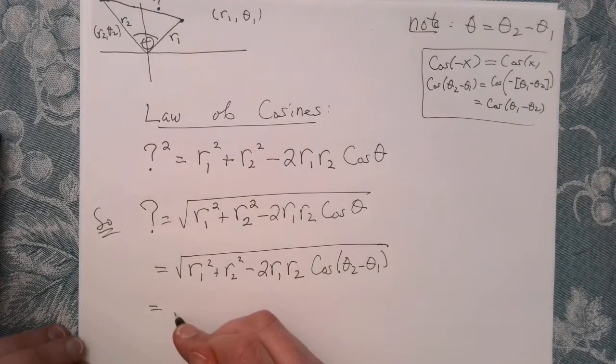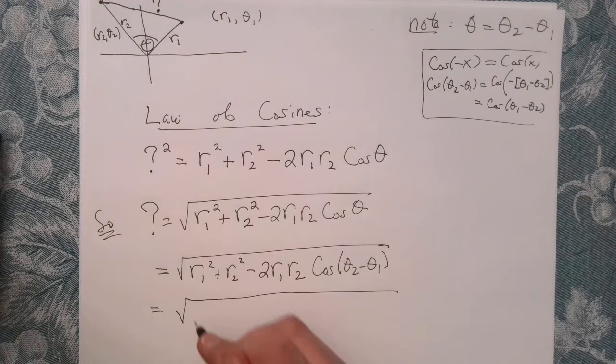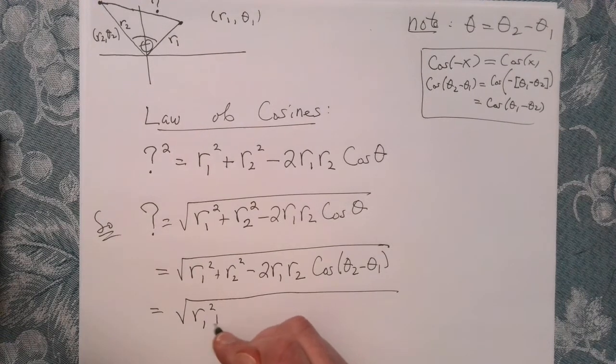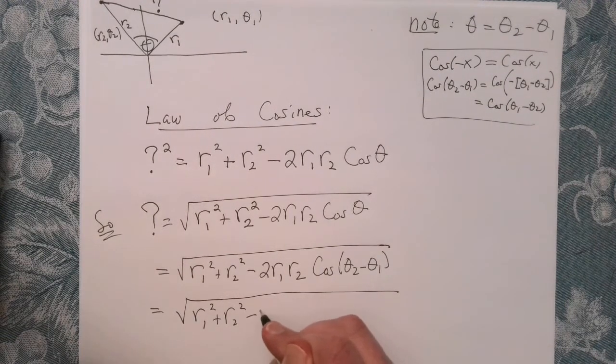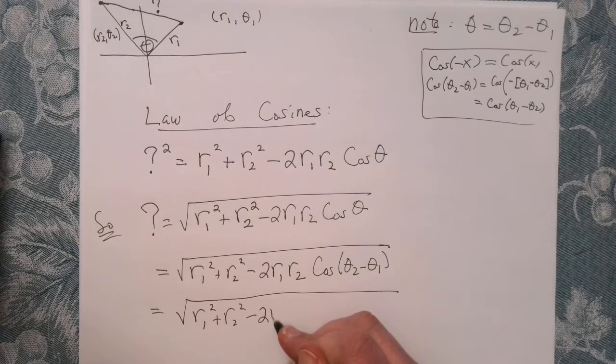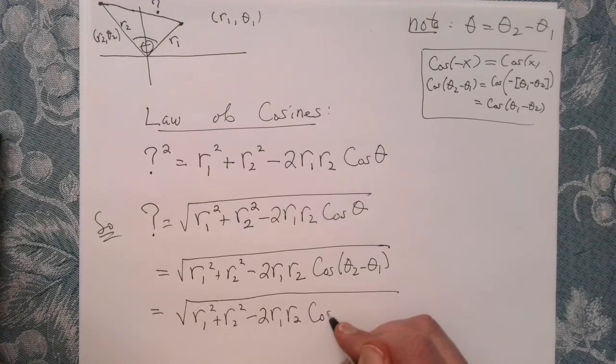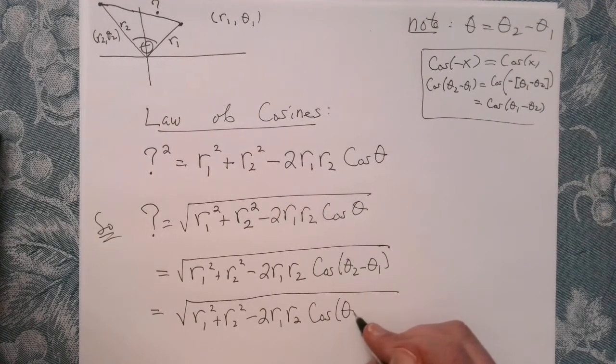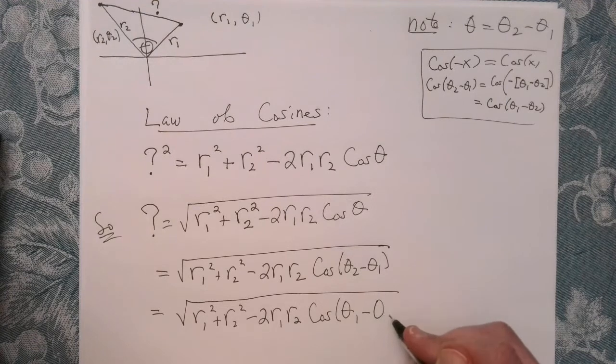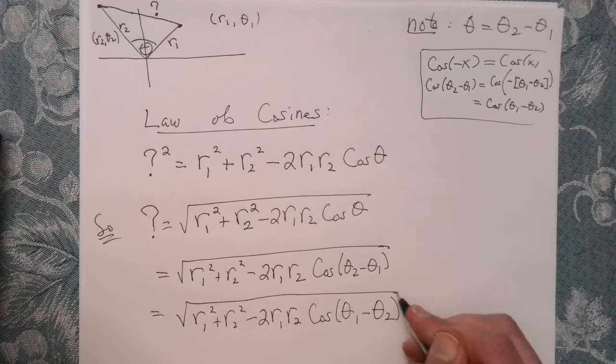So yeah, we can actually go ahead and rewrite this. So I've got r1 squared plus r2 squared minus 2 times r1 times r2 times the cosine theta 1 minus theta 2. And again, that is our polar distance formula. If you give me 2 points that are expressed in polar coordinates that will measure the distance between the 2 points. Super cool.